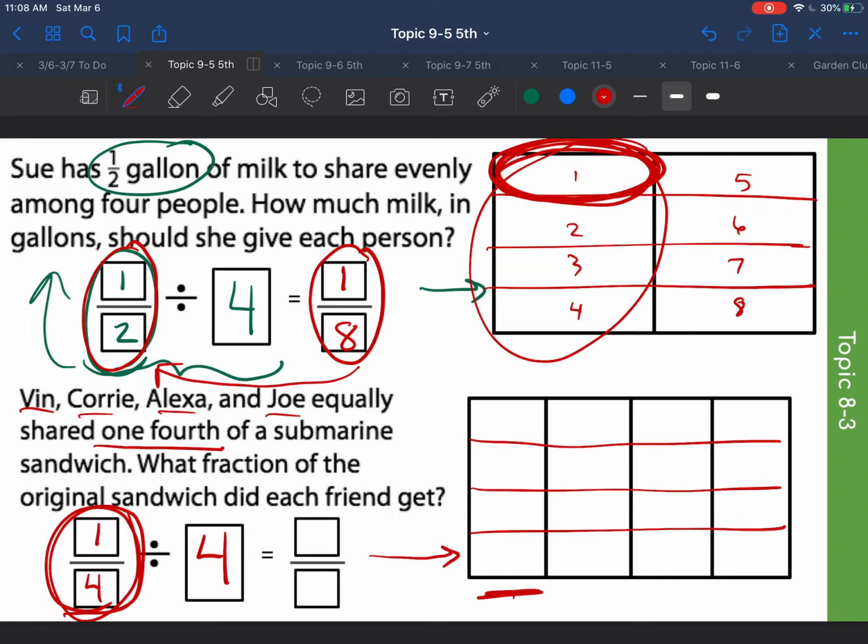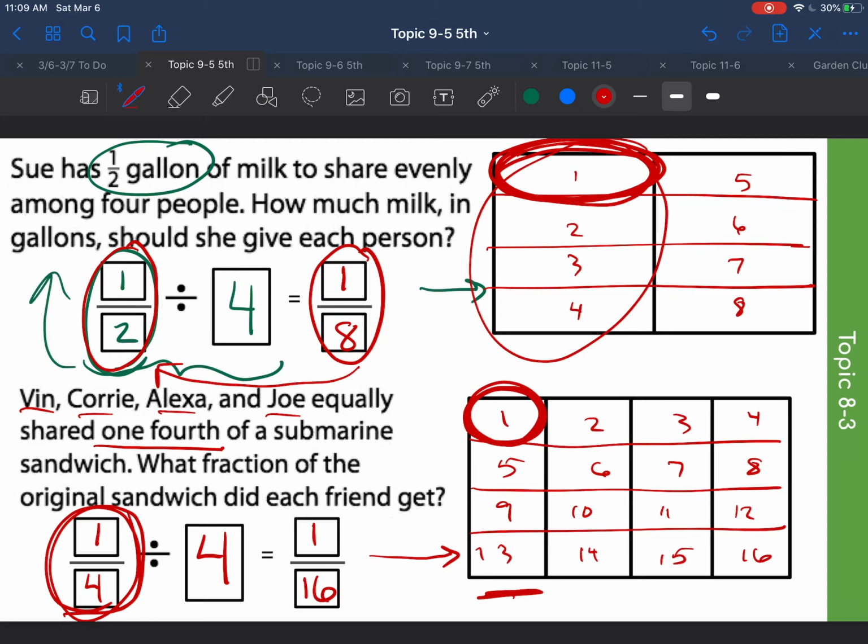All right. And each friend is going to get 1 out of 1, 2, 3, 4, 5, 6, 7, 8, 9, 10, 11, 12, 13, 14, 15, 16. So each friend of the sub is going to get 1/16 of the original sub.